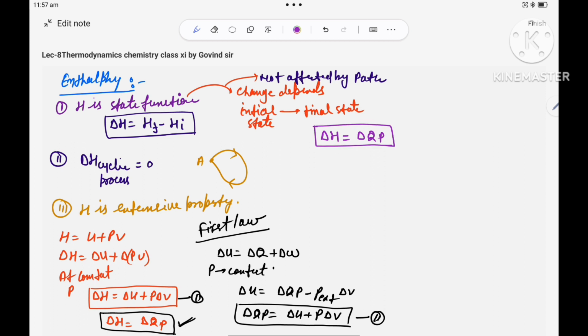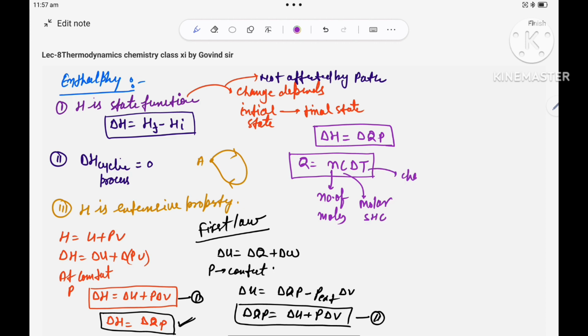Now, what is Q, children? Q is equal to n C delta T. That is the formula for heat. n is the number of moles. C is the molar specific heat capacity.